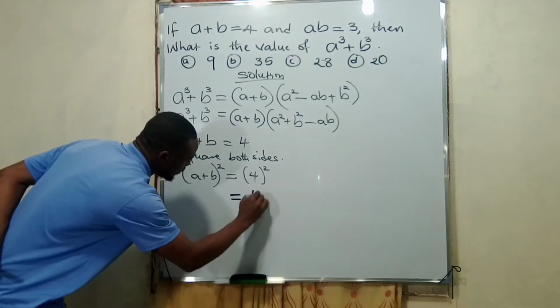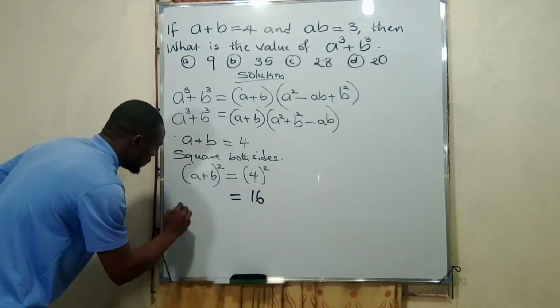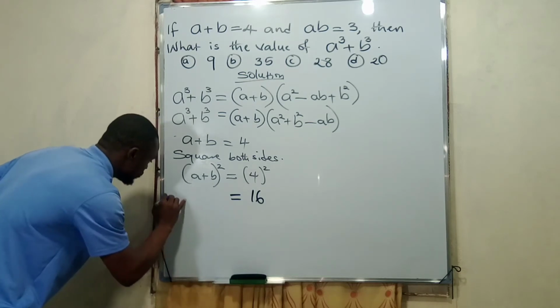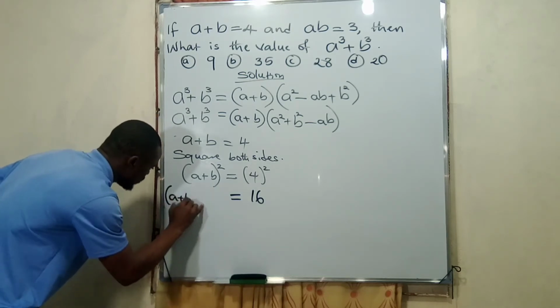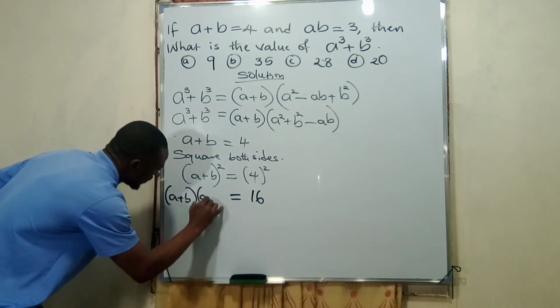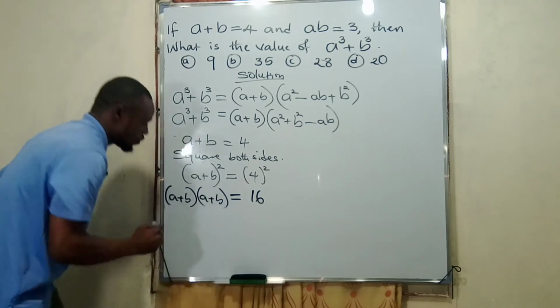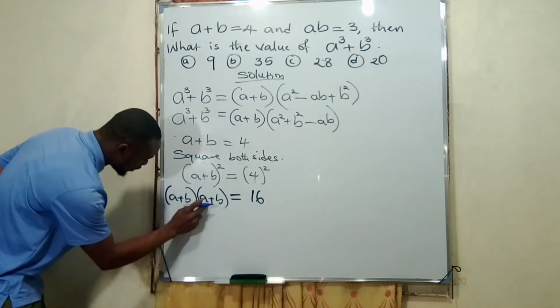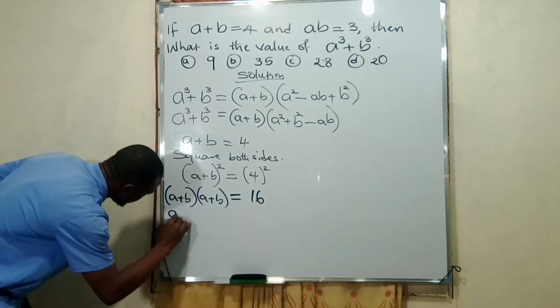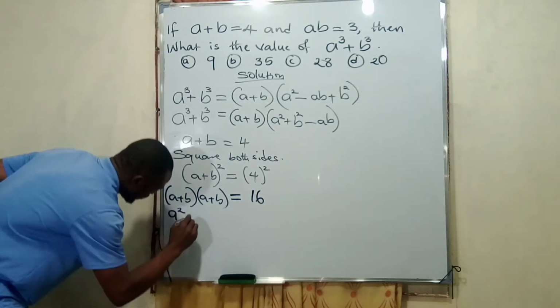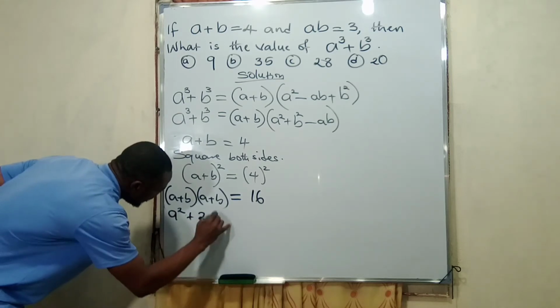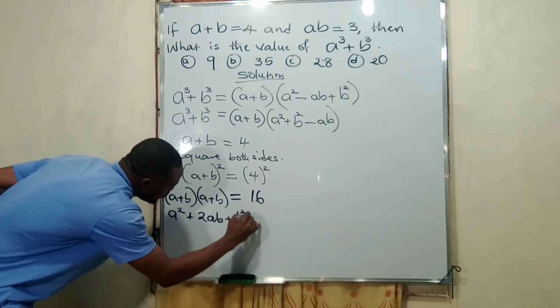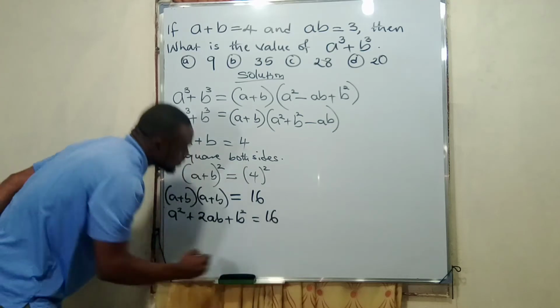So it's 16, and this a plus b squared is the same thing as a plus b, close bracket, and open bracket a plus b. So we need to expand this. By expanding this, a multiplied by a is a squared, plus 2ab plus b squared, and is equal to what? 16. Good.